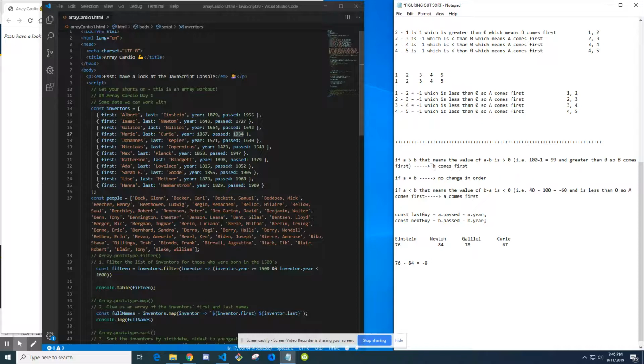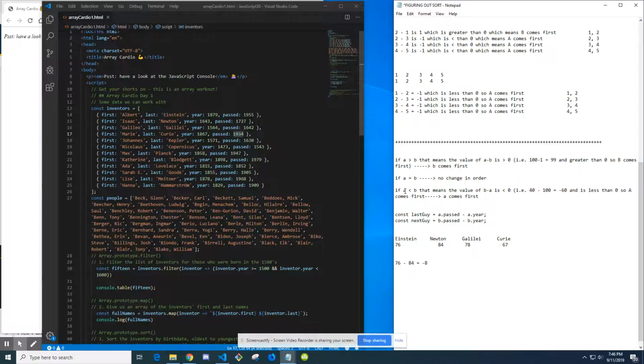So go back to our rule here. If the value of A minus B is greater than 0, which this is not. Okay, hold on. If A is greater than B, my bad, I was reading this wrong.